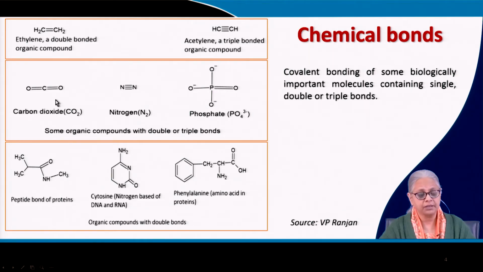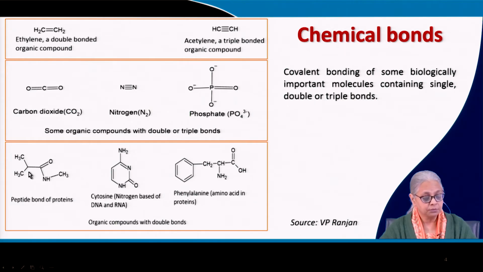In carbon dioxide, you have carbon associated with two oxygen atoms, and both these CO bonds are double bonded. In nitrogen gas, the two nitrogen atoms are triple bonded, and in phosphate you have phosphorus double bonded to one oxygen and single bonded to the remaining three oxygen atoms.